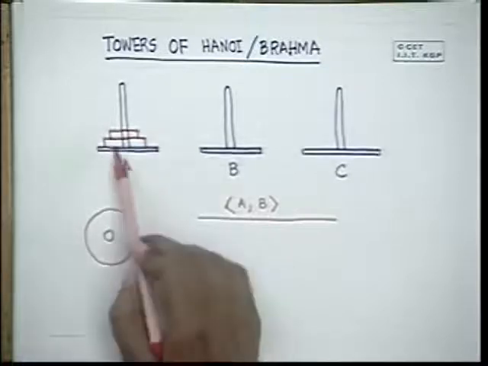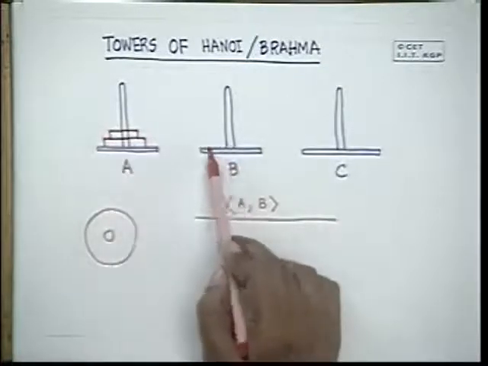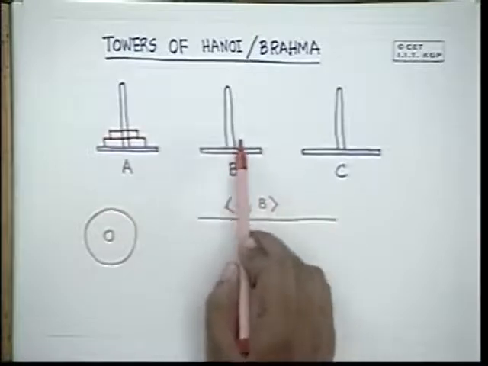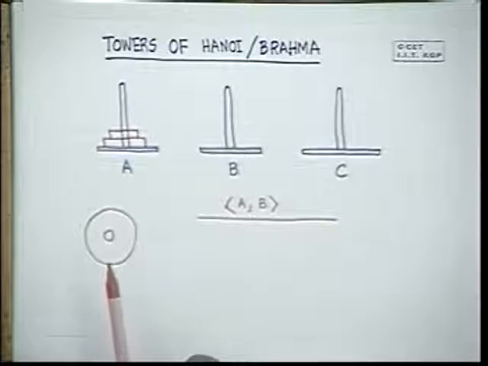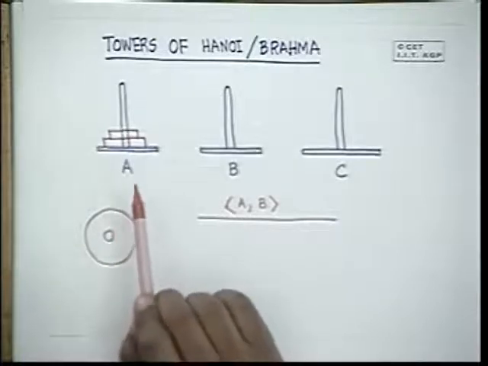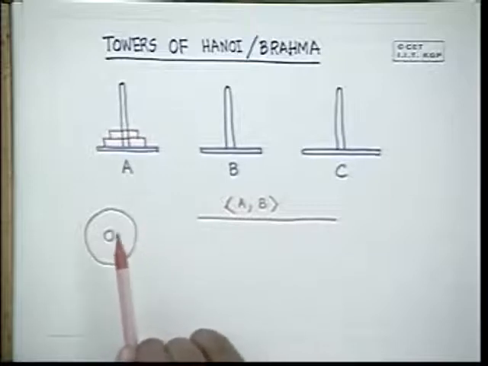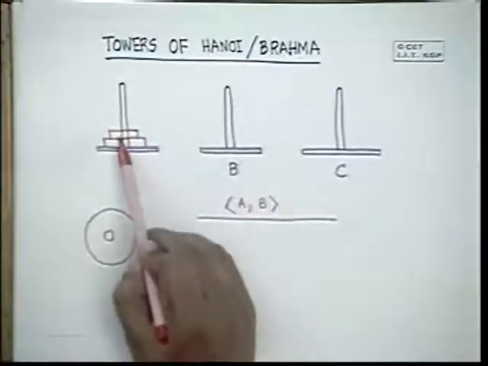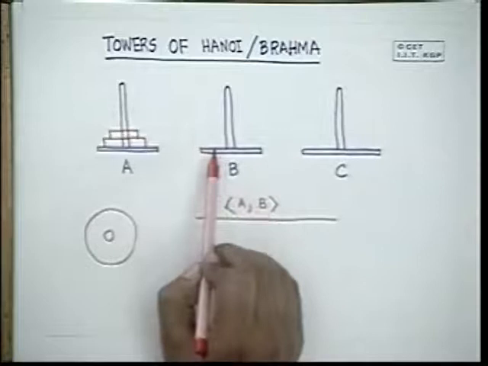Now you are to move both of them to a similar configuration into B, but never in your sequence of moves will you be allowed to place a smaller disc below a larger disc. That is, always smaller discs should be above larger discs. Then obviously you cannot place this one here and this one here just above it.